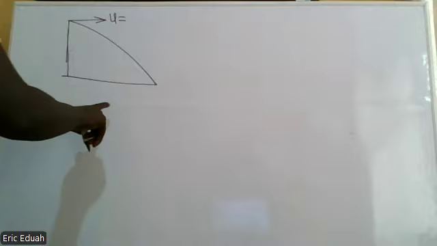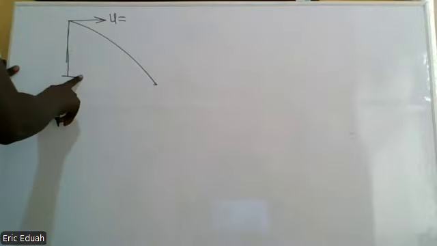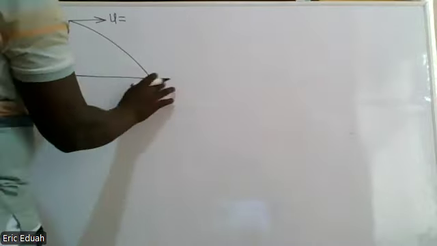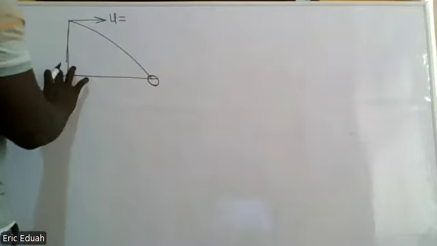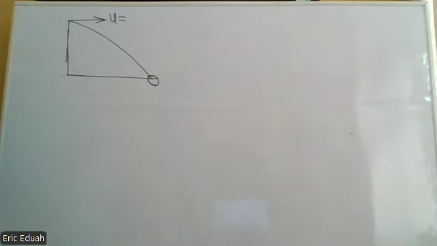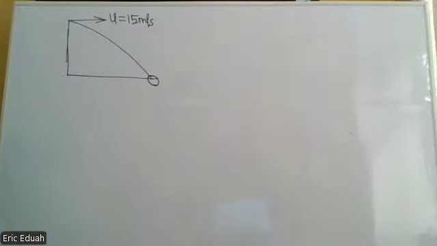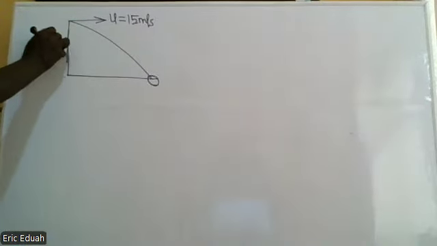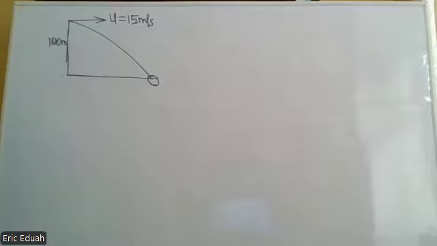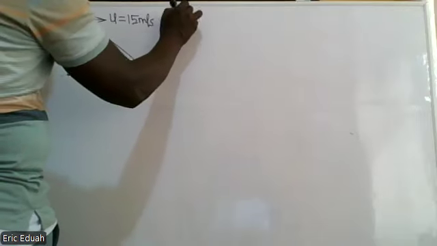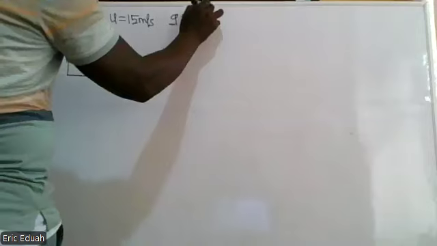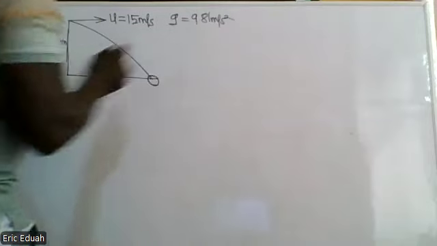Horizontally, it makes an angle of 0 to the horizontal. We are told this is 15, and this is 100. This time around, we are asked to take g to be 9.81 meters per second squared.